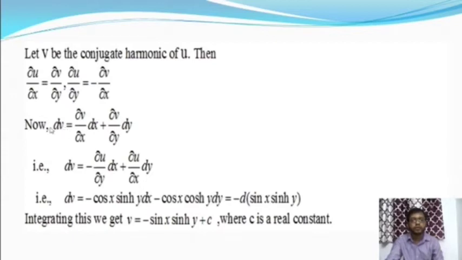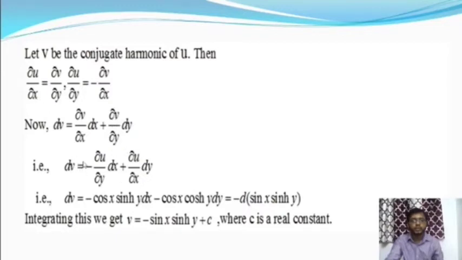Now we write the total differentiation dv, and dv is equal to del v del x times dx plus del v del y times dy. This is the total differentiation of the function v, where v is a function of x comma y. Now applying the Cauchy-Riemann equations, del v del x is equal to minus del u del y, and del v del y is equal to del u del x.